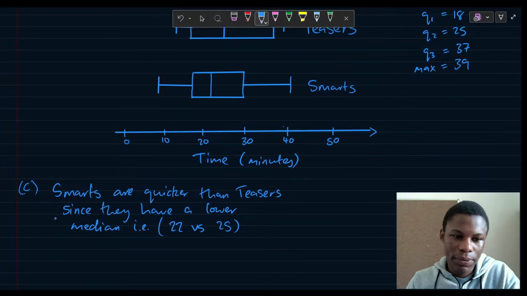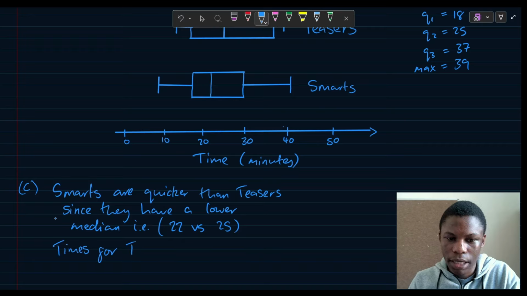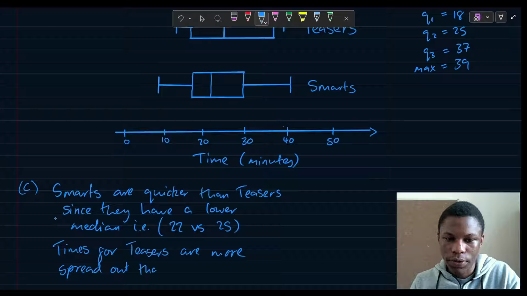So in this case, we can say that the times for teasers are more spread out than those for smarts.